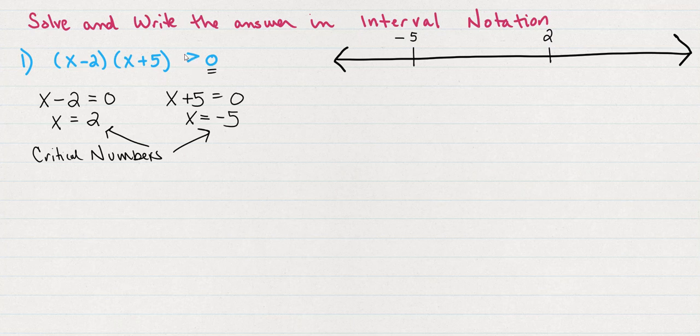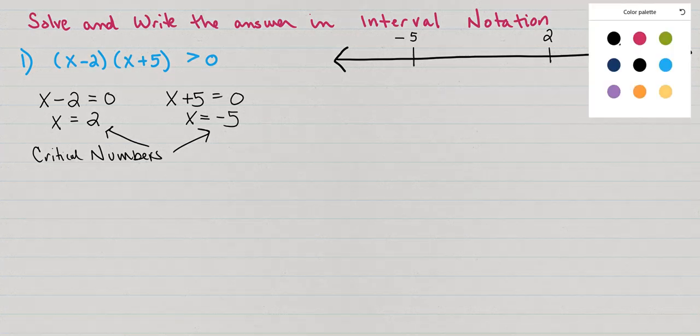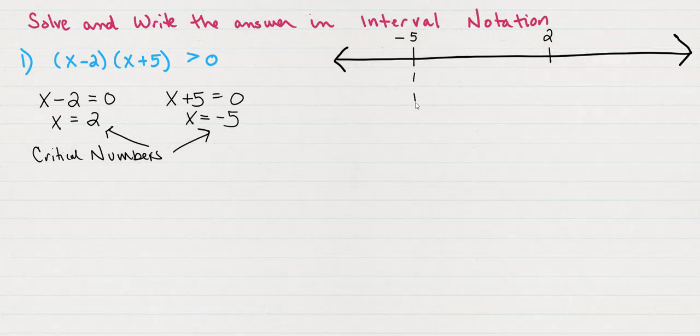And because we have a greater than, not an or equal to, it doesn't say greater or equal like this, because of that, I'm going to draw a broken line.